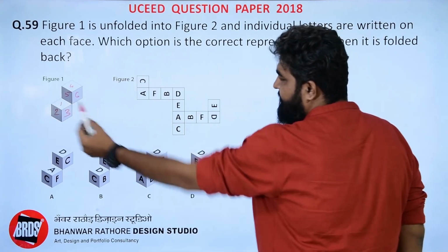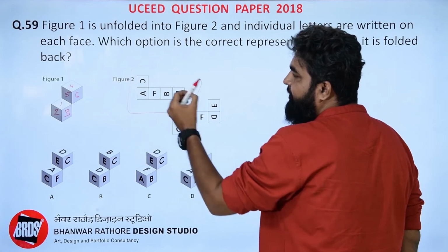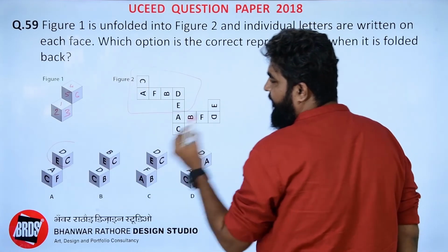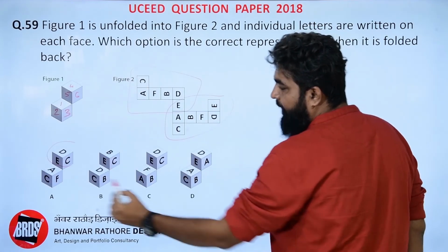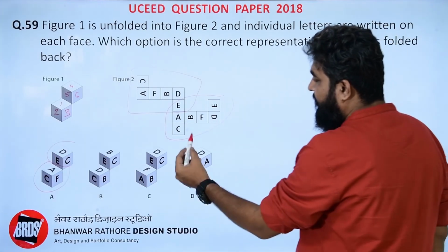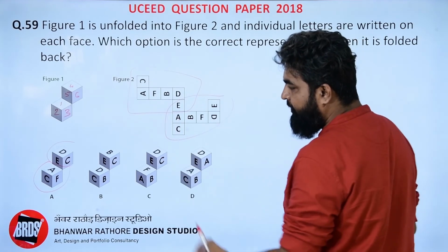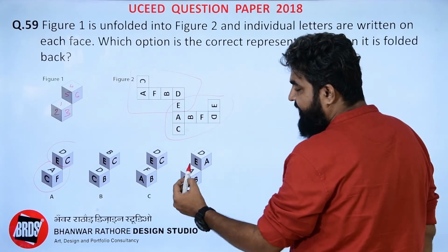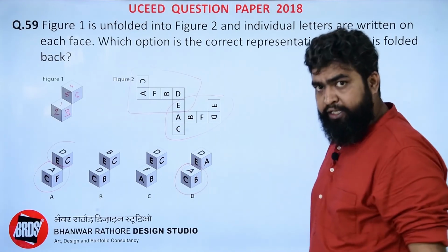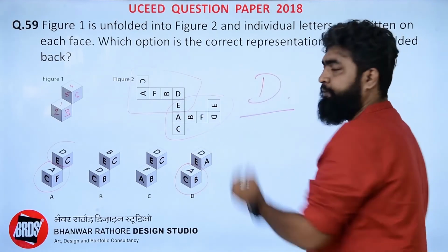Based on this and this, the upper figure will come on the top and the bottom figure should be at the bottom. And based on that, if we check on one cube, we should be able to see A, B, C together on the bottom cube, which is there in option D. So the correct answer for this question will be D.